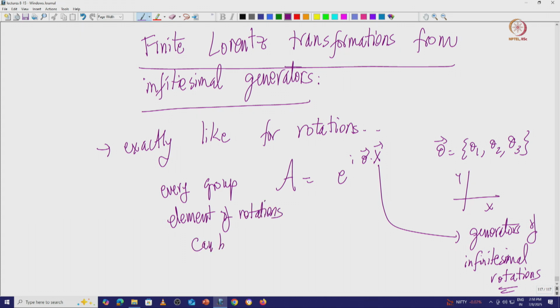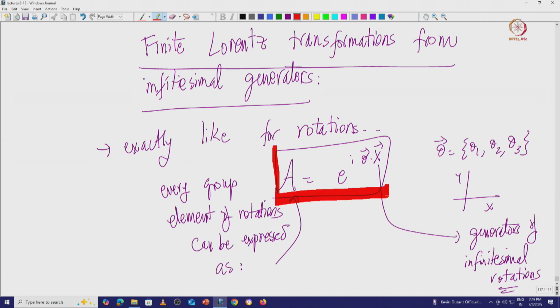It can be expressed as follows, where every group element is expressed in terms of exponentiation over generators and theta.